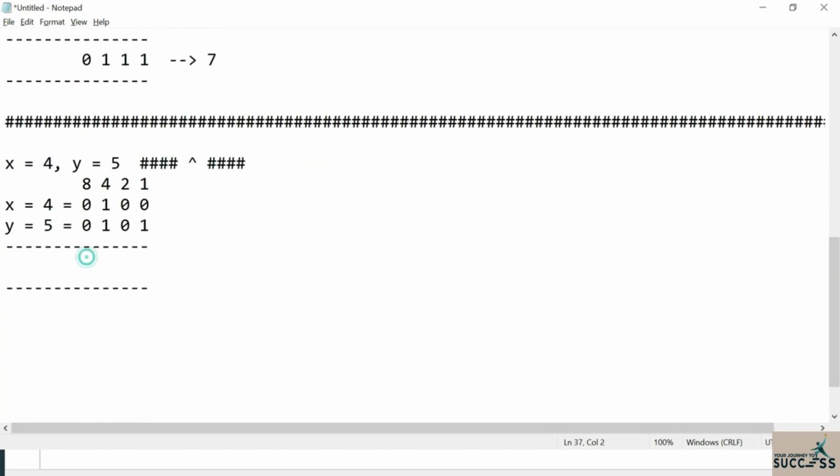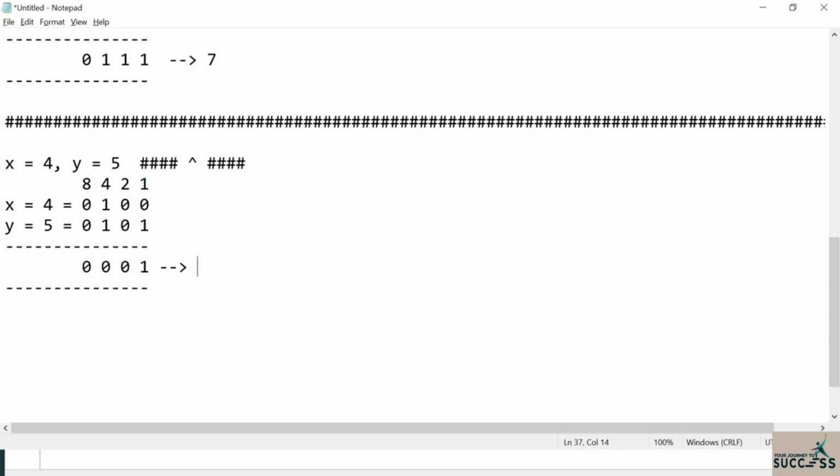See, in this case it is false because both are 0. Here also false because both are ones. Again in this case both the bits are 0, so again it is false. In this case it is true, because both the bits are not equal.